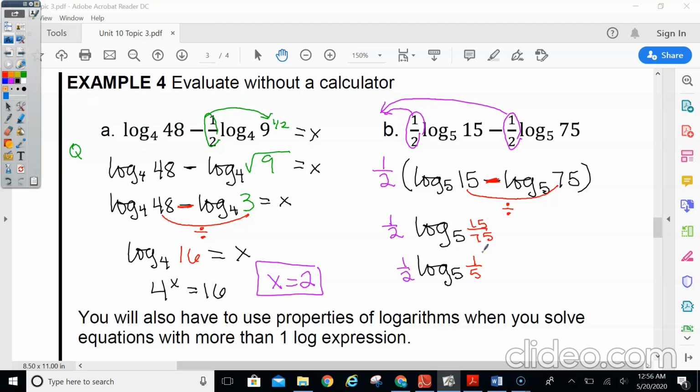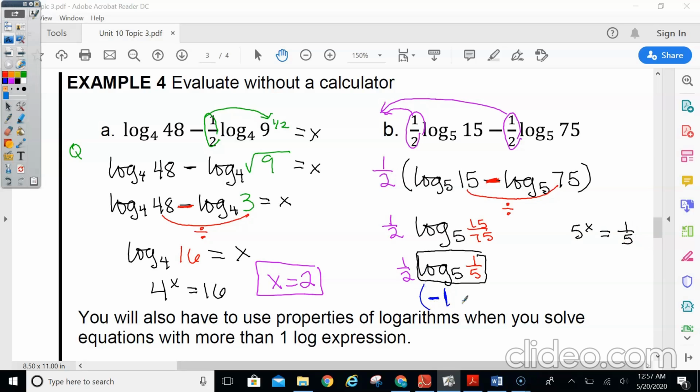Now solving this part, 5 to what exponent is going to be 1/5. So in order for us to flip it around, we know it has to be a negative number. So -1 is going to keep it 5.